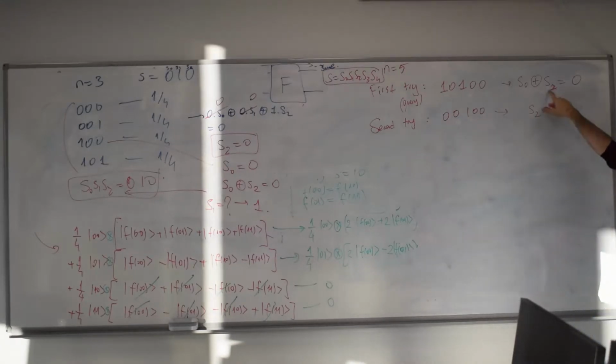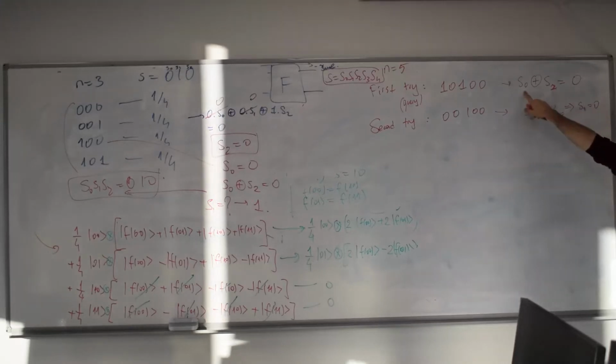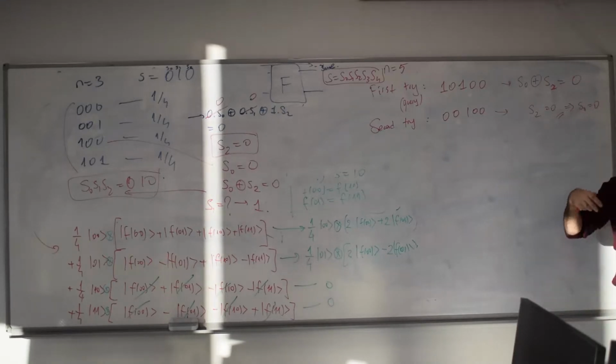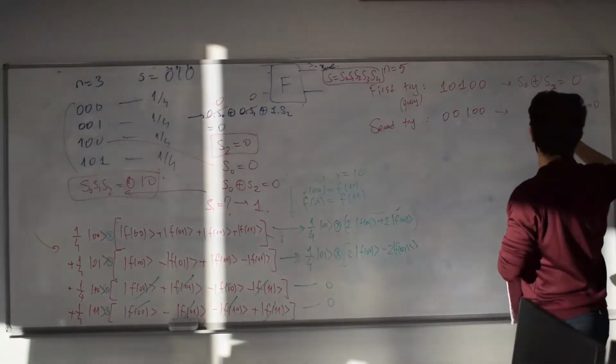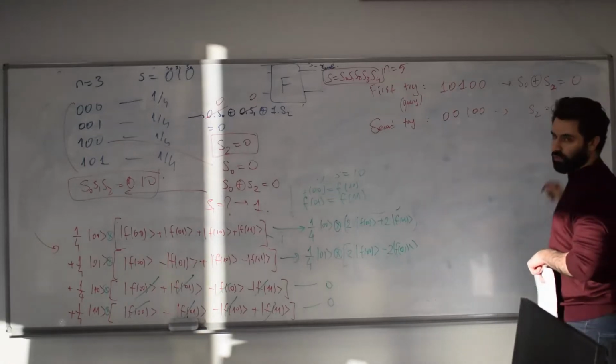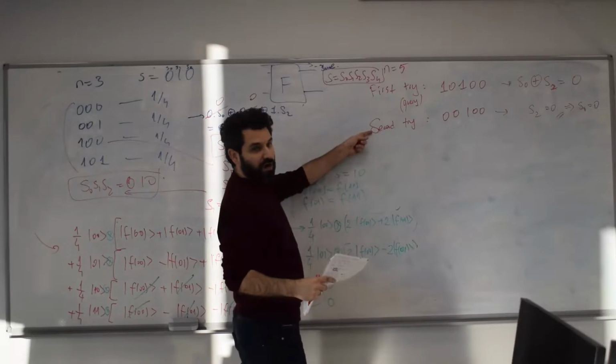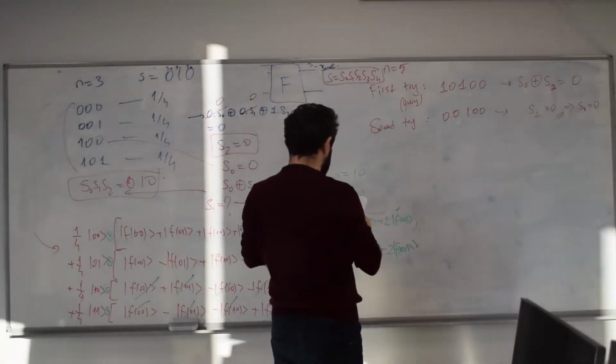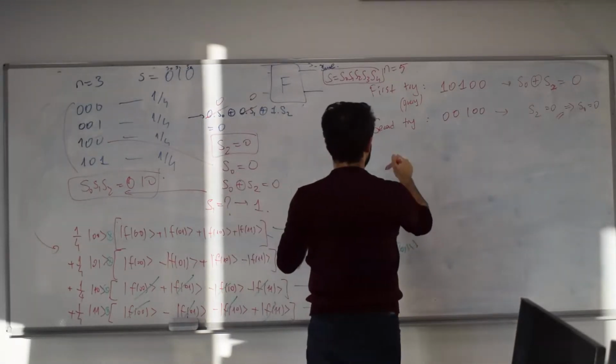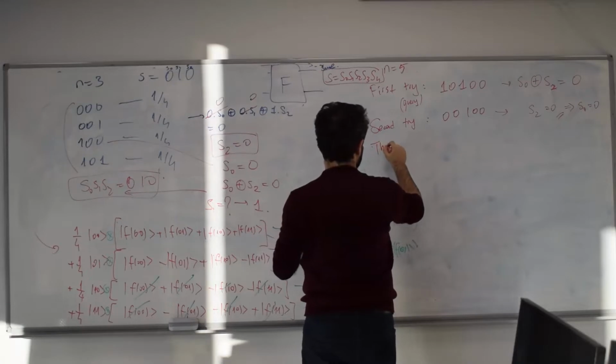But since S2 is 0, I use the previous equation to figure out that S0 is also 0, because if these are both 0, then you can get a 0. With the second try, I figured out both S0 and S2 at the same time. But you need an extra try or query. Now we run it again, third try.